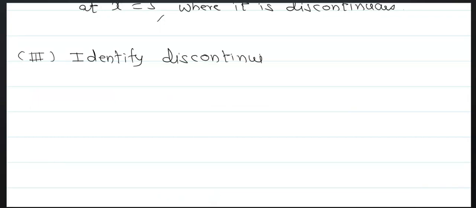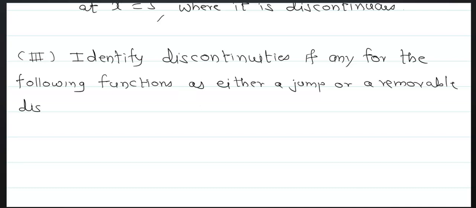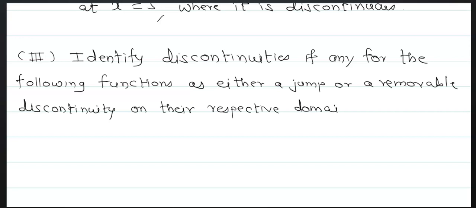Identify the discontinuities, if any, for the following functions as either a jump or removable discontinuity on their respective domains.